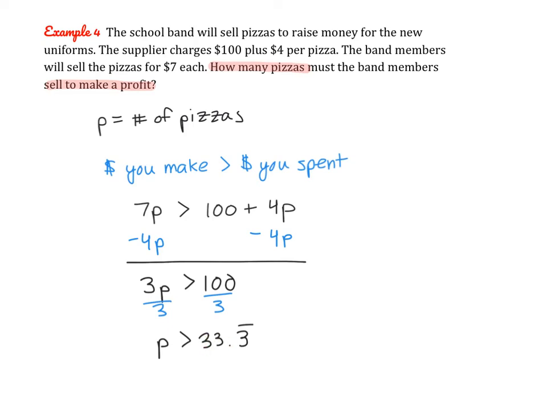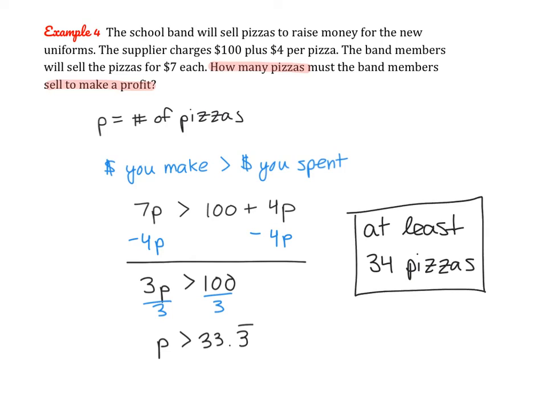So that means that they need to sell 34 or more pizzas, because 34 is the next step above 33.3 and something you can actually sell. So they must sell at least 34 pizzas. And there you have it.